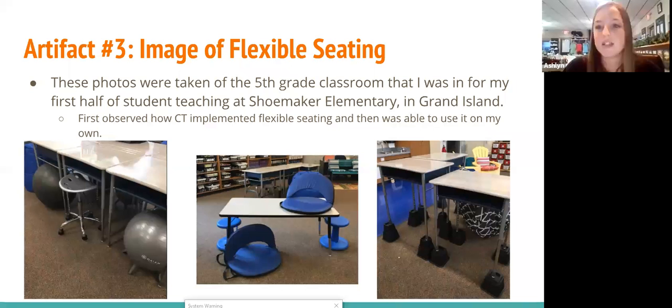After a while, I was able to implement the flexible seating on my own, and I was able to do that by looking and kind of manipulating what flexible seating students got, because after a while I could tell what really worked for a student. For instance, a standing desk might work better for a student that wants to be moving around more than a seat on the floor, because there's more room to move around.